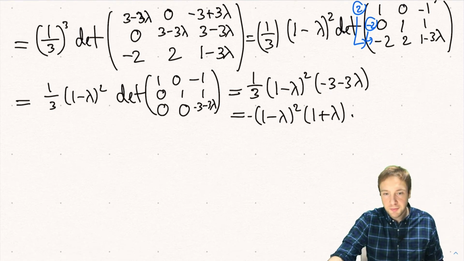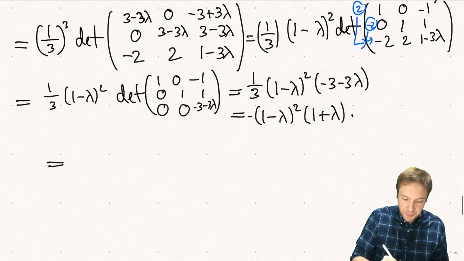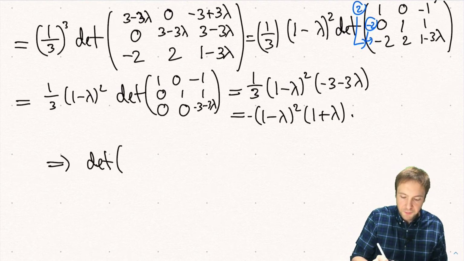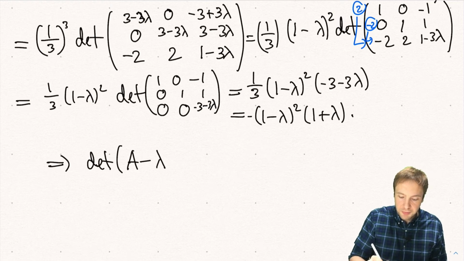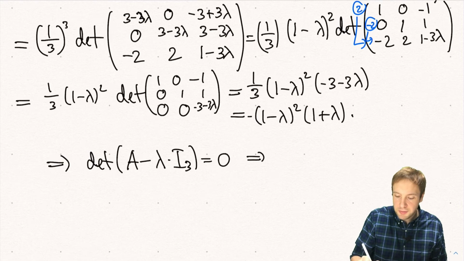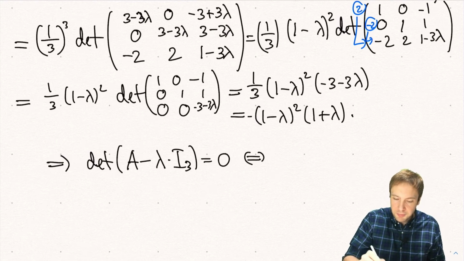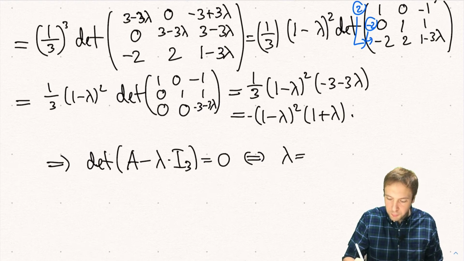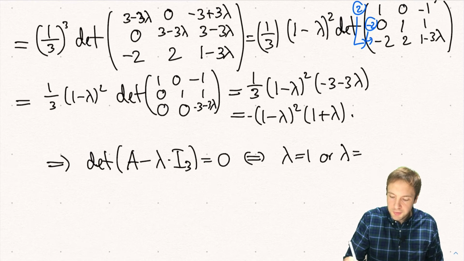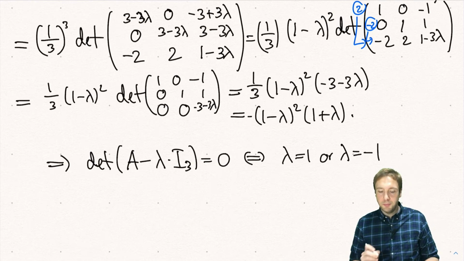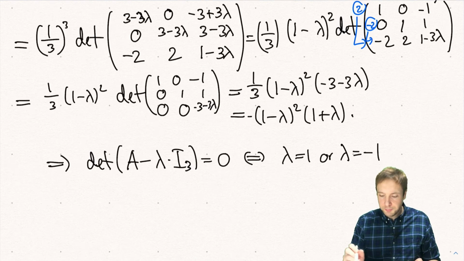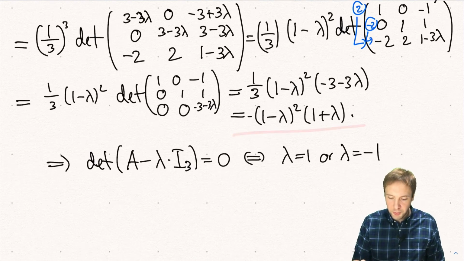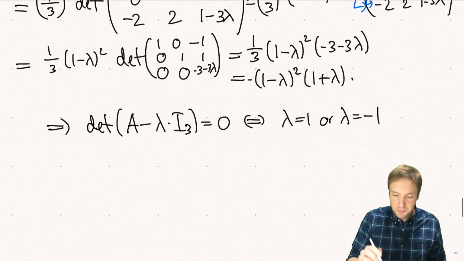So in other words, the determinant of A minus lambda times I3 is 0 is equivalent to lambda is 1 or lambda is minus 1. And there are no other solutions to this. That's the only case when this thing can be 0.